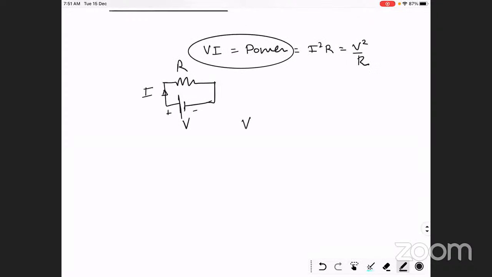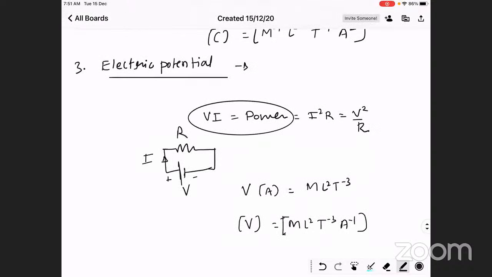So I has dimensional formula A and power is ML2T minus 3. So the dimensional formula of potential is ML2T minus 3 A minus 1. Okay. Done.